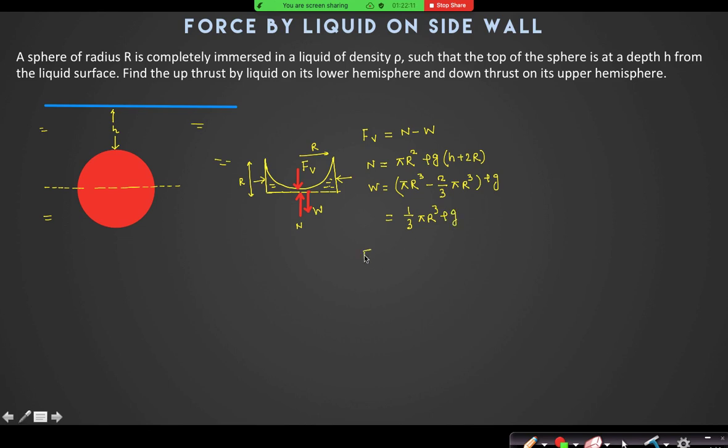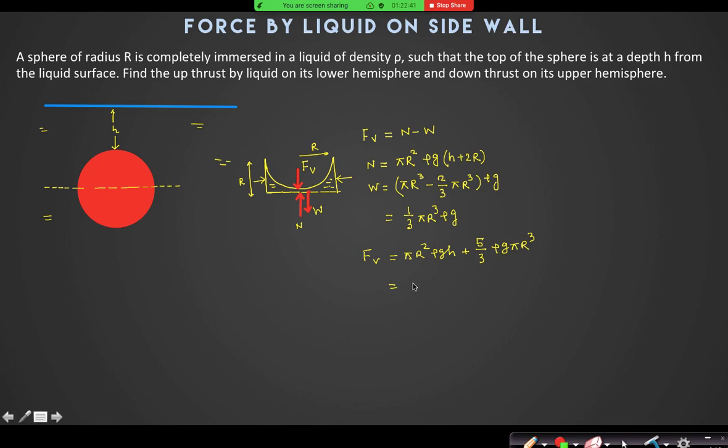So Fb is equal to pi r square rho g h plus 2 pi r cube minus 1/3 pi r cube. So 2 minus 1 by 3 is 5 by 3, rho g pi r cube.